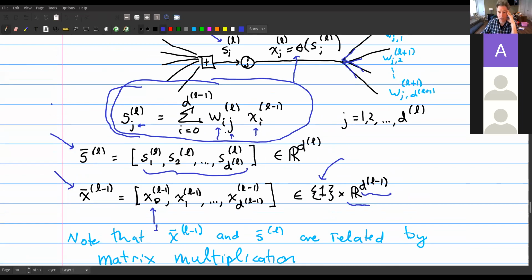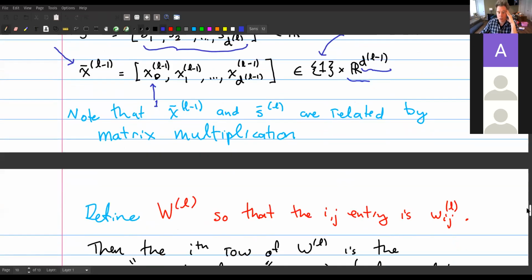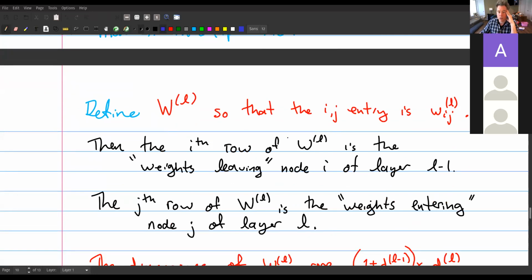So that's going to be kind of like a row of the transition matrix. W^(l) is the transition matrix that goes from layer l-1 to layer l, and its entry is ij.